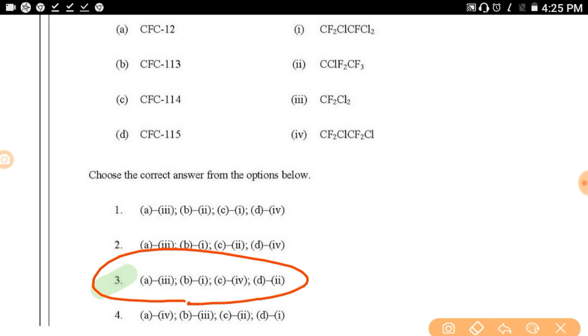Okay, so according to this, A will be linked with 3, B will be linked with first, C will be linked with fourth, and D will be linked with second.